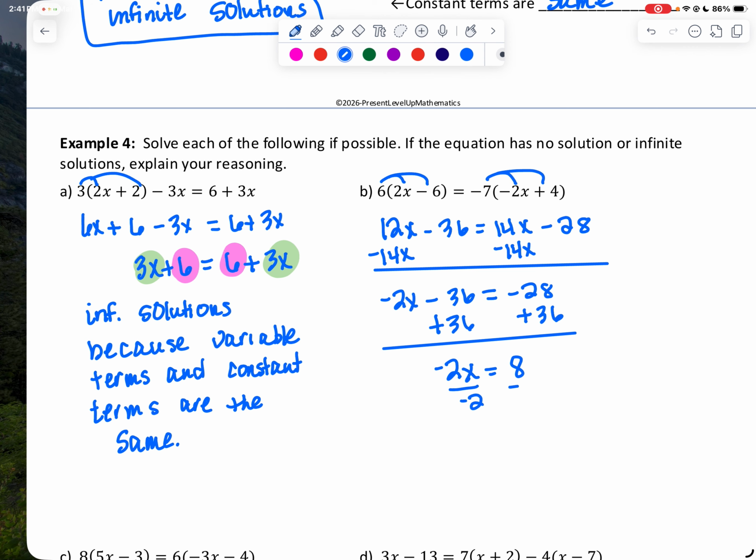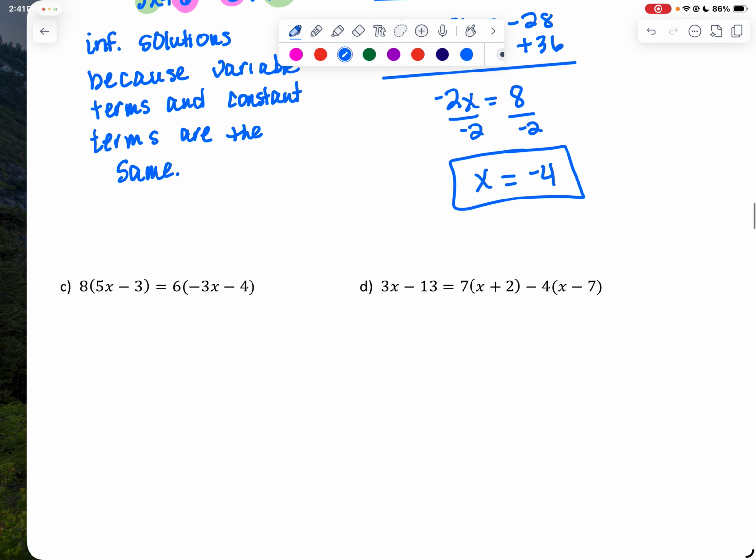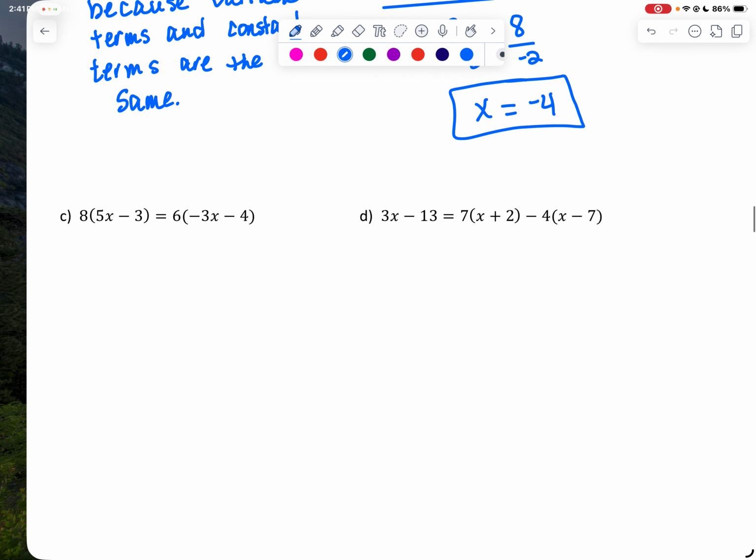Divide by negative 2. 8 divided by negative 2 is negative 4. If necessary, pause the video to correct anything that you might have gotten wrong. All right, problem C. Pause the video and try this problem on your own.